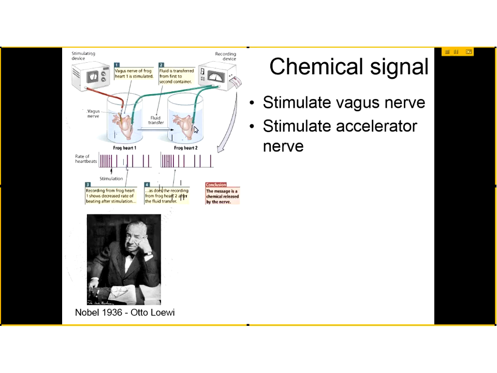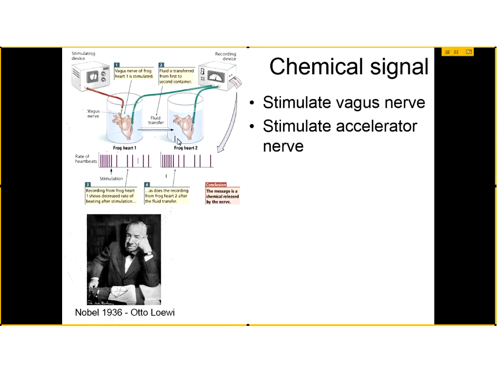Well, he went on to stimulate another nerve that comes into the heart called the accelerator nerve. And he found very similar effects, with the exception that they were completely opposite. So he would stimulate the accelerator nerve in this heart, and it would cause the heart to speed up in its firing rate, or heartbeats that would occur.